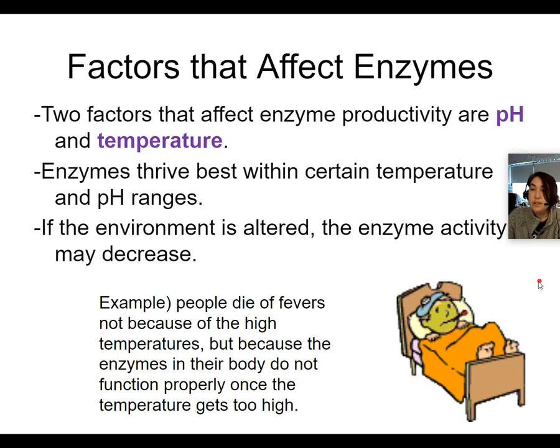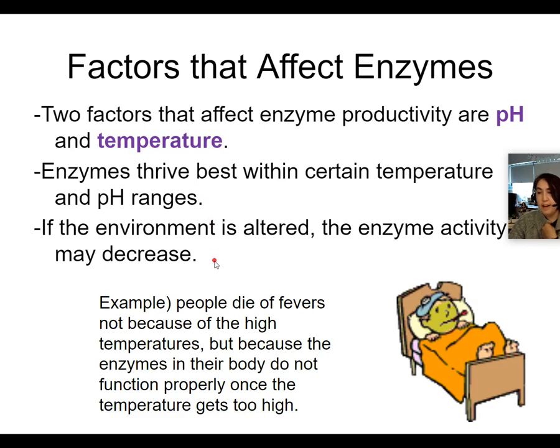There are some factors that are important to remember when you're thinking about enzymes, and there are things that can make enzymes far less productive. And those two things are pH and temperature. So think pH is like the acid-base scale, and there's a certain range of pH that enzymes are happiest in. And then temperatures, there are certain temperature ranges that enzymes are happiest in.